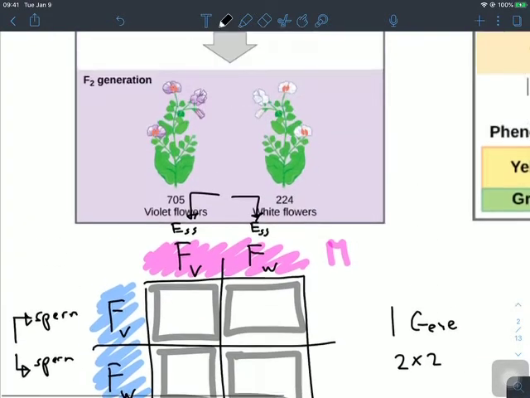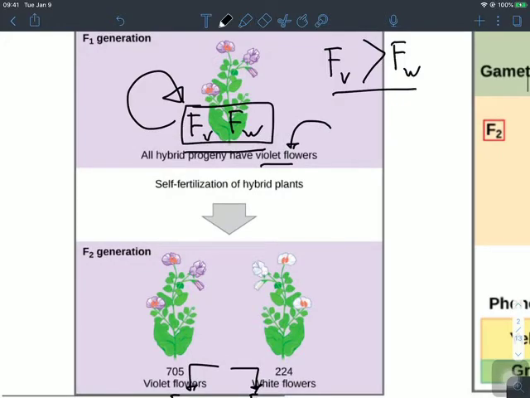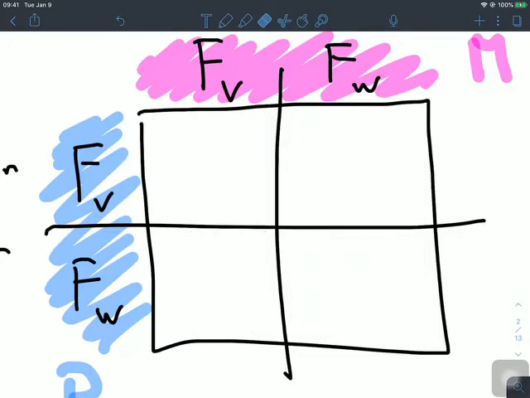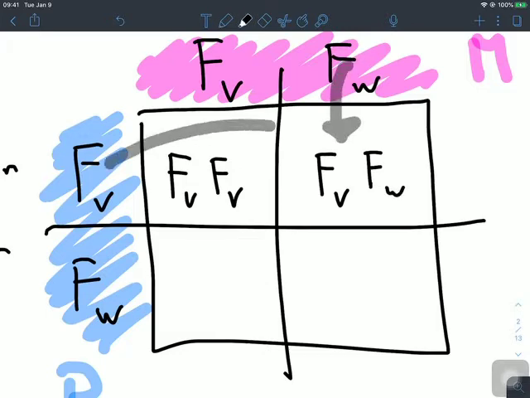Now, we know that violet is dominant to white. So let's go ahead and fill in this box with the respective genotypes and then observe the phenotypes that we get. Well, here you're going to make an individual that's FV, FV, FV, FW, because I am carrying one allele over.